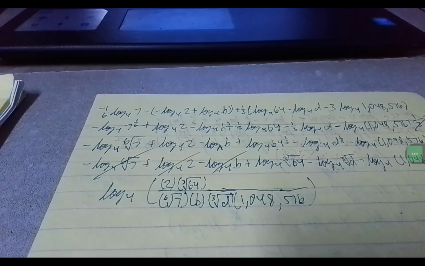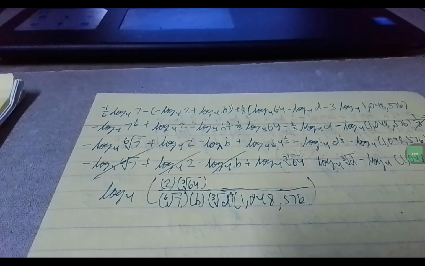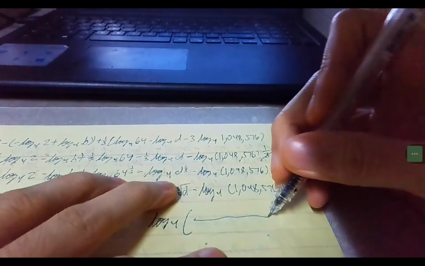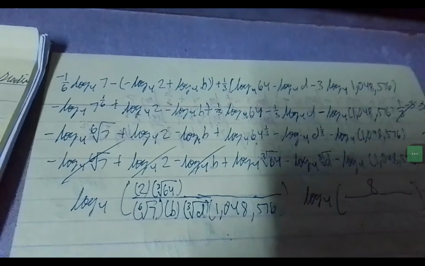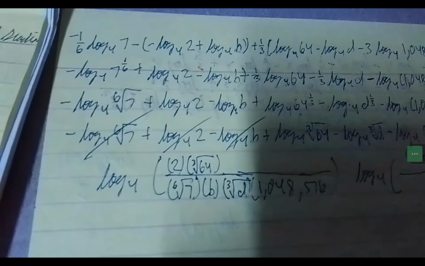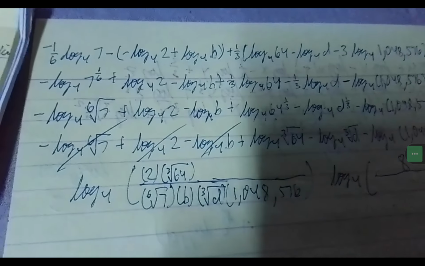Ayan. Log base 4 of 1,048,576. Nasa baba yun. Bakit? Kasi nga sabi ko sa'yo, because it's minus. So, therefore, 1,048,576. So, yan. That's our final answer. Pero, I think we can still simplify this further.